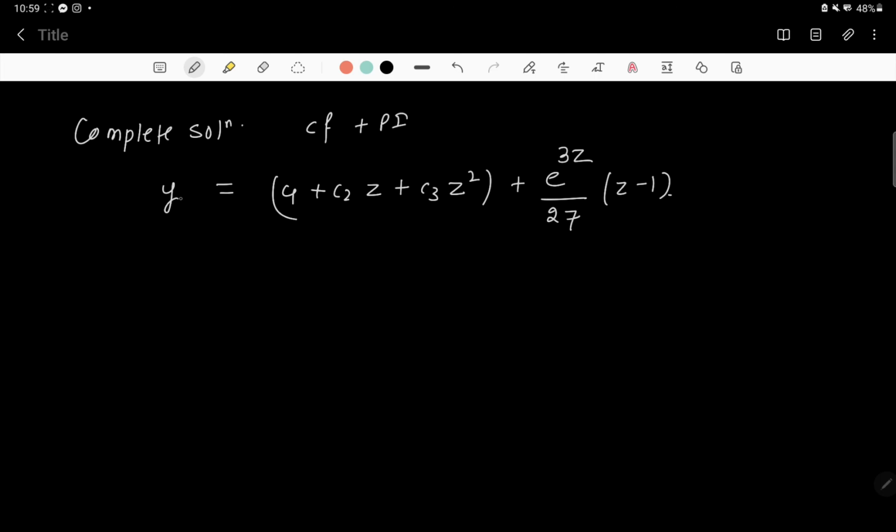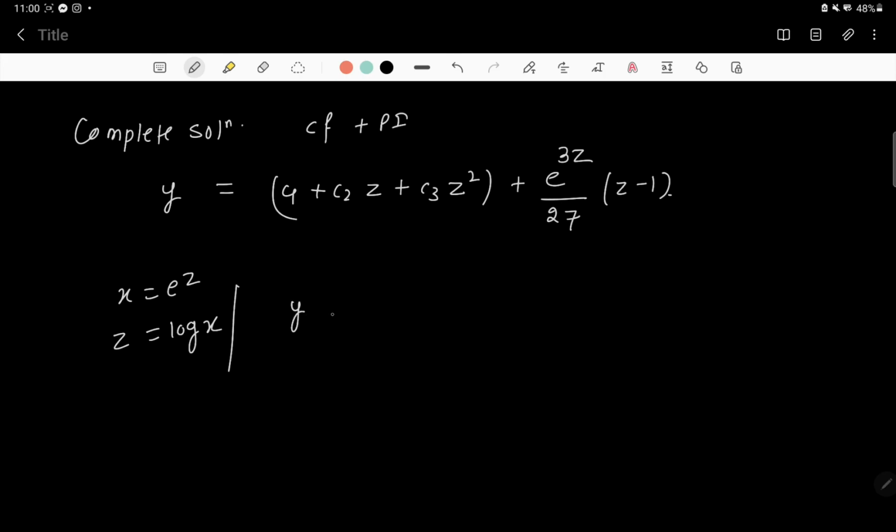So it is your answer, but again you need to convert z into x. We have x is equal to exponential z, so z is equal to log of x. So you need to put z equal to log of x, and every term of z will be converted into the form of log of x.